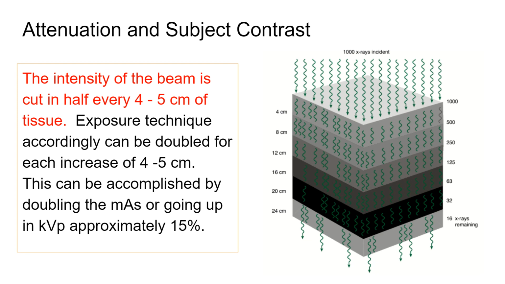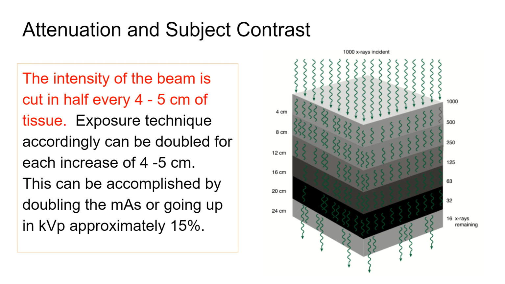Not even. So the intensity of the beam, the amount of photons, will change depending on thickness. As a rule of thumb, for every 4 to 5, but let's say 4, every 4 centimeters will cause either a doubling or a halving of the intensity. So if the patient gets 4 centimeters thicker, you need to double the dose.